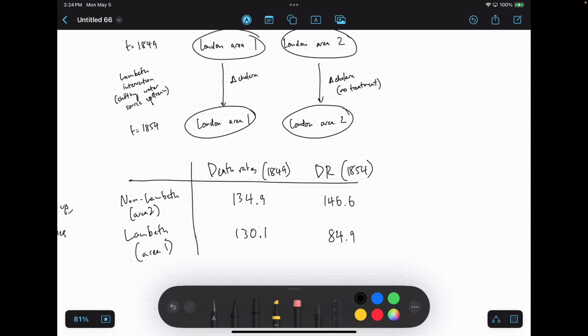If the parallel trends assumption holds, then what we would expect to see here, absent treatment, would be an increase of 11.7, right? So this is plus 11.7. And then what did I say? This is minus 45.2.